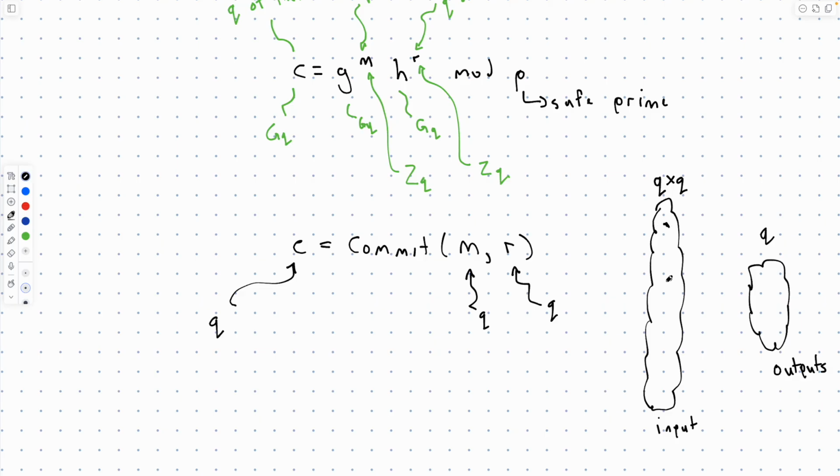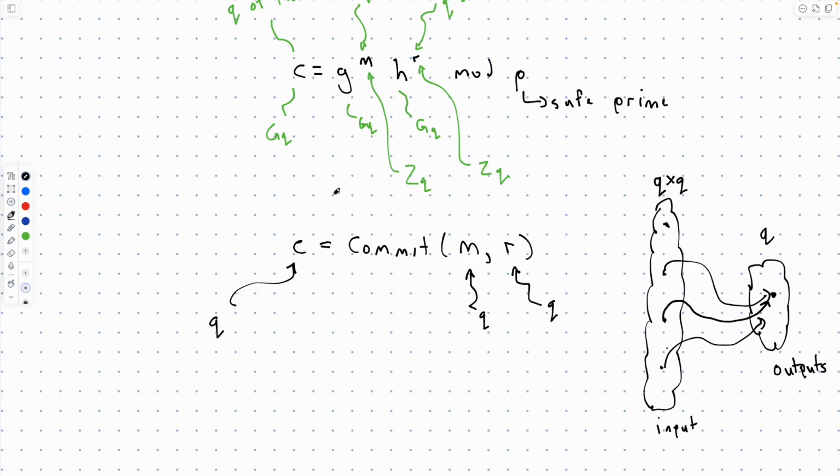Every input's valid, so every input will map to some output. What's going to happen because this is bigger than this? There's going to be some inputs that have to map to the same output. Otherwise, it doesn't work. Okay?